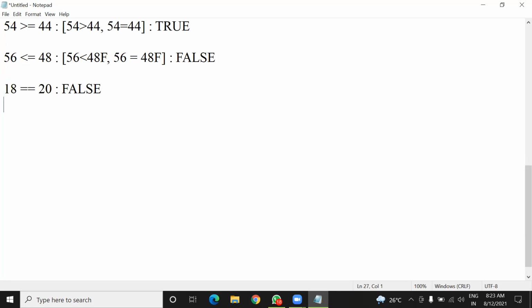And its opposite is not equals to. Take another example: 19 not equals to 20. Is it true or false? True.